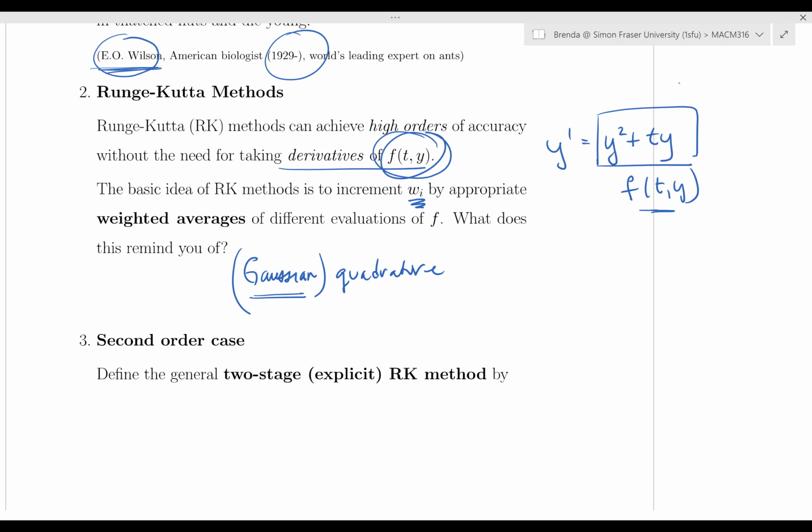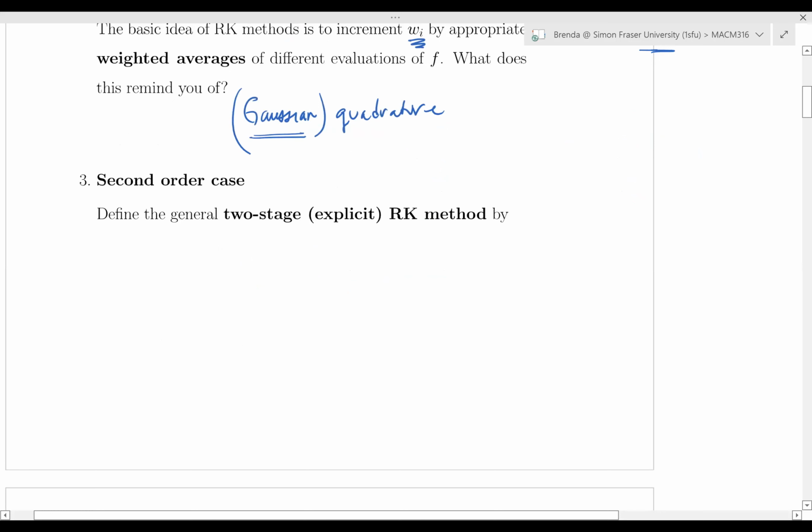So this one is implying that you're using zeros of the Legendre polynomials, but it doesn't have to be that way. So it's the quadrature. Okay, so let's just take a look at the two-stage method. We've got to learn a bit of vocabulary here.